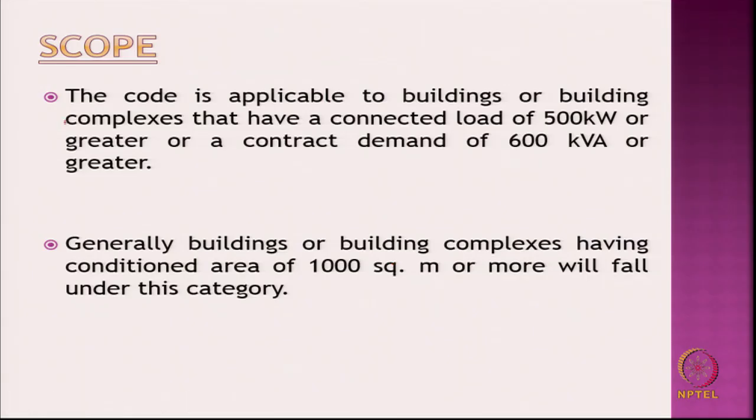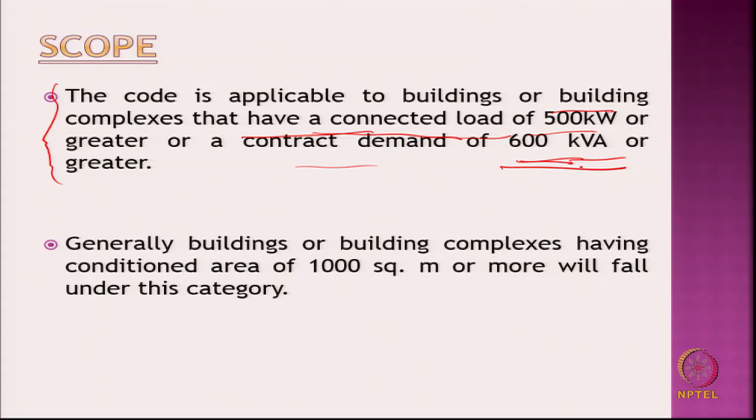Now, the scope of such a code, and this is of course for the Indian scenario, is all buildings and building complexes that are connected to 500 kilowatt or greater, or a contract demand of 600 kVA or greater, right. So, anything above 500 kilowatt consumption or 600 contract demand, where consumption is usually less. Your power lines are designed for this much kVA.